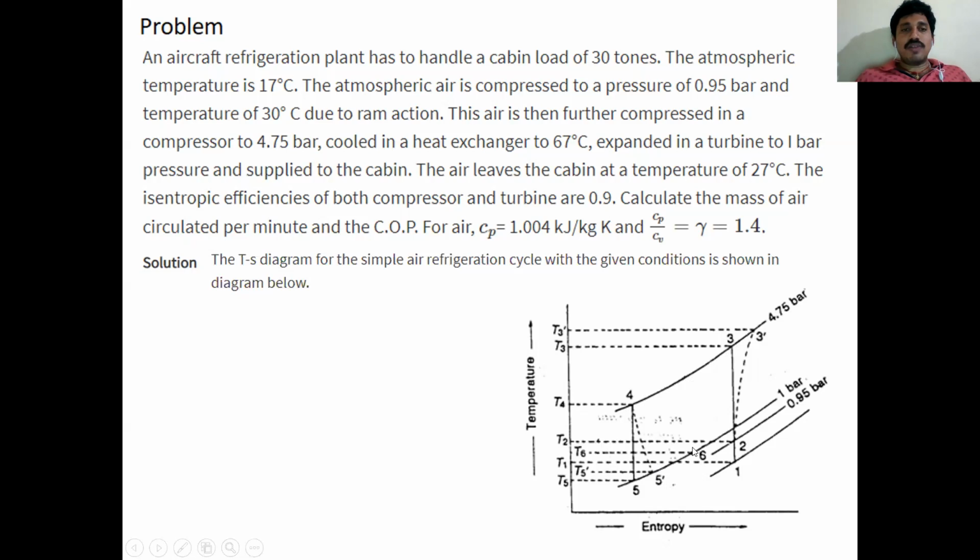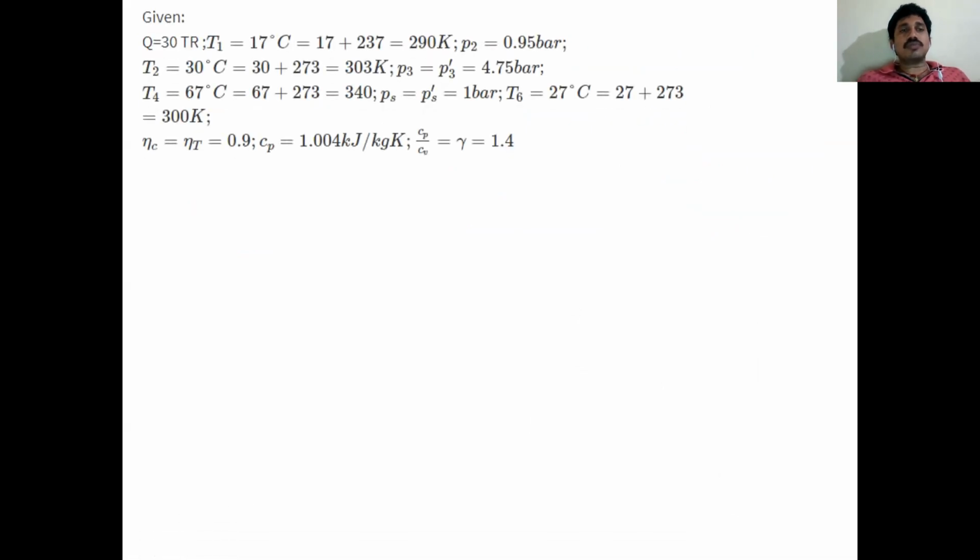Then we'll go for the given data. Q, the refrigerating effect, is 30 TR. T1 is 17 degrees Celsius or 290 Kelvin. P2 is 0.95 bar because that is the pressure after ramming. T2 is 30 degrees Celsius after ramming or 303 Kelvin. P3 is equal to P3 dash, which is equal to P4, is 4.75 bar. After the cooler, the temperature is reduced to T4 of 67 degrees Celsius, that is 340 Kelvin.